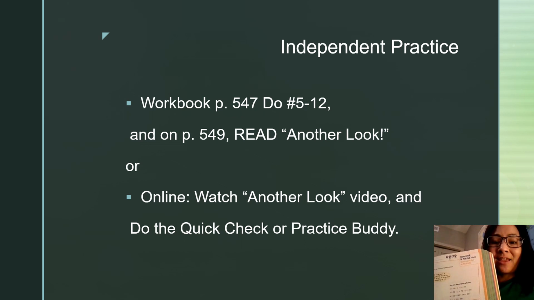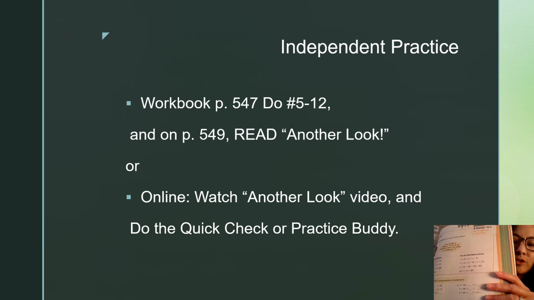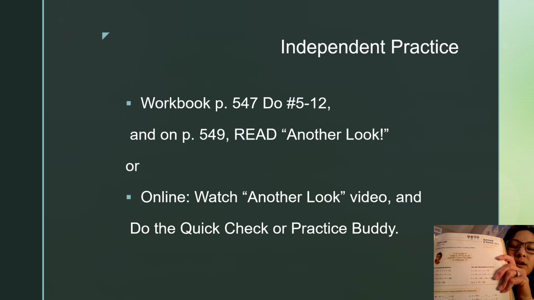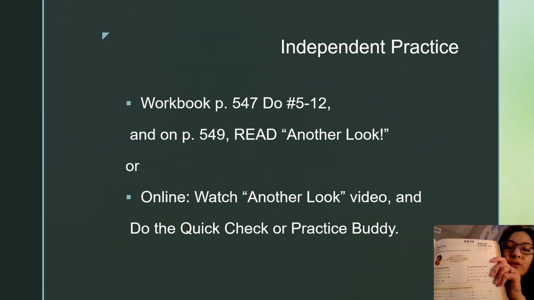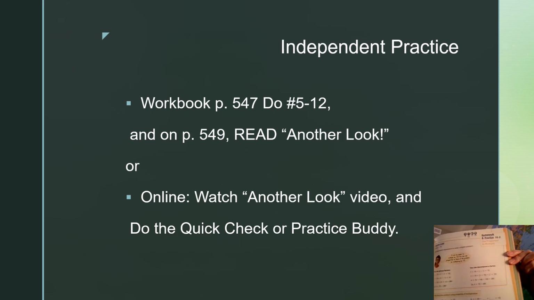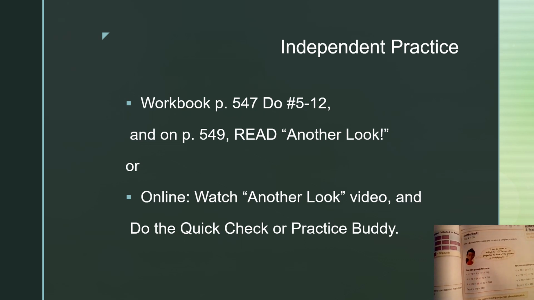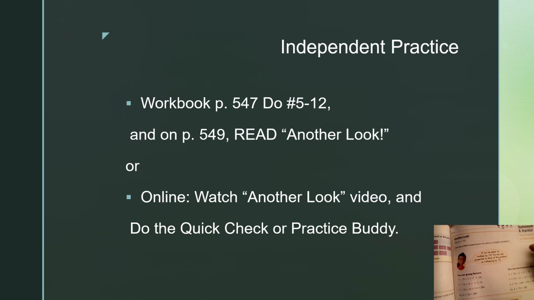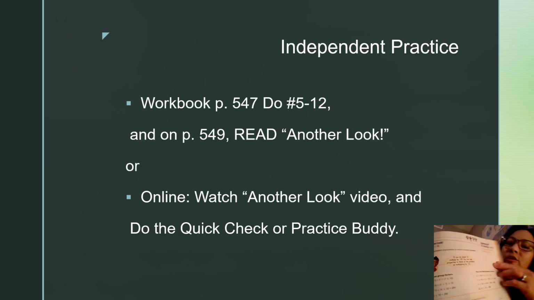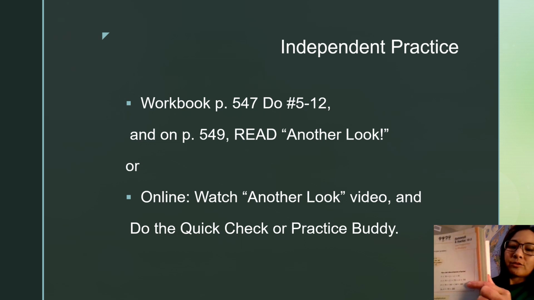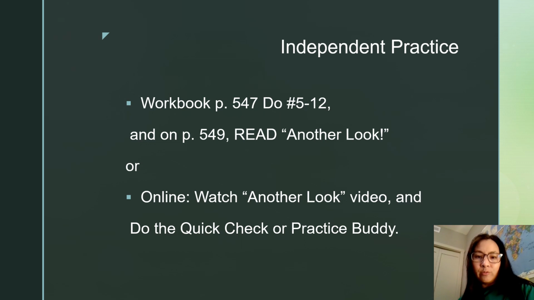And then on page 549, I just want you to read this section here. You know how people who are doing the online work have to watch the Another Look video? Well, there is an Another Look example that I'd like for everybody working on their workbook to read. Nothing to do, just read it and try to understand the two different ways, associative property and distributive property. So read that. And then online folks, watch the Another Look video and do either the quick check or the practice buddy. You're welcome to do both for more practice.